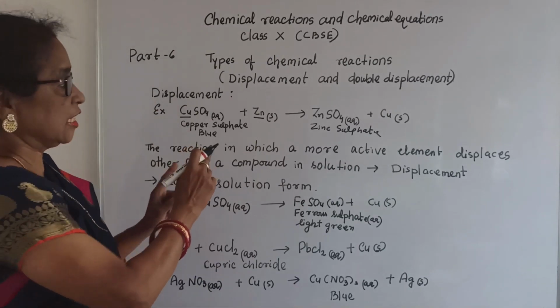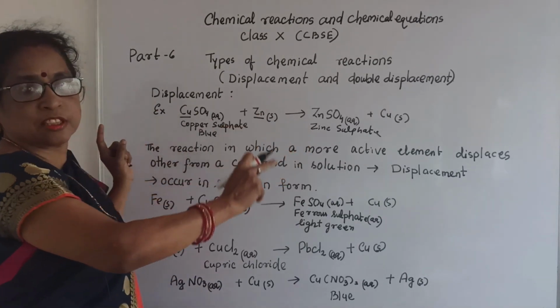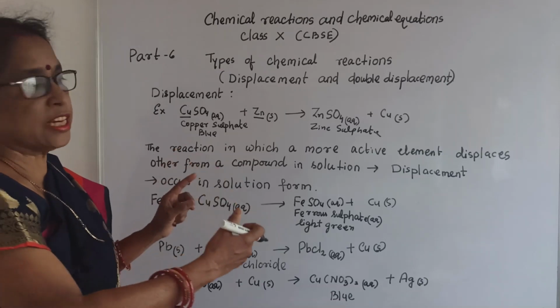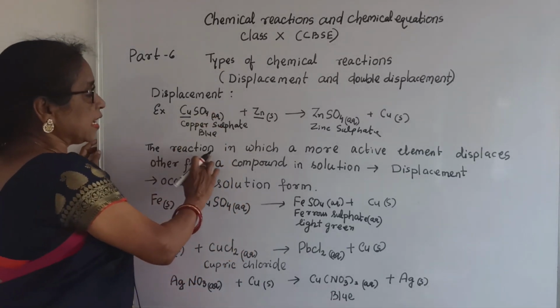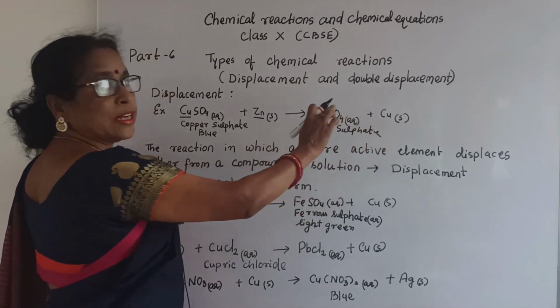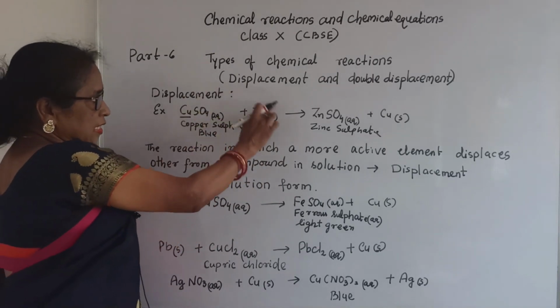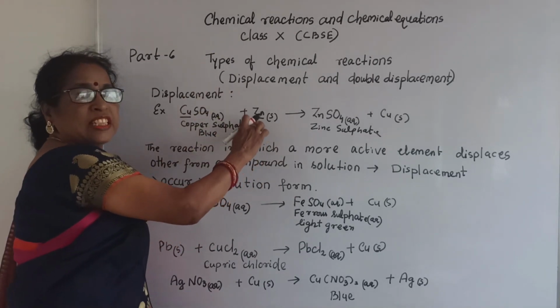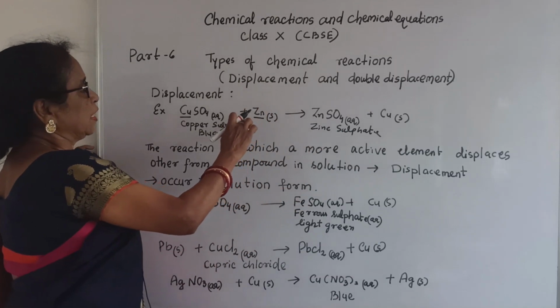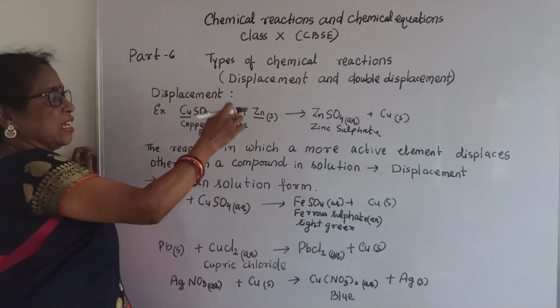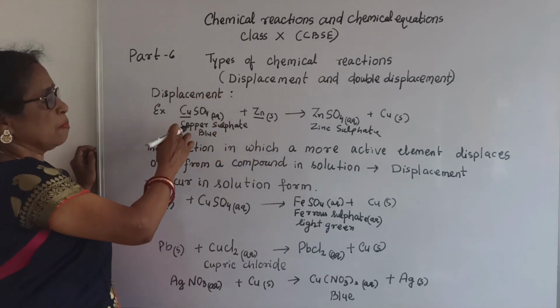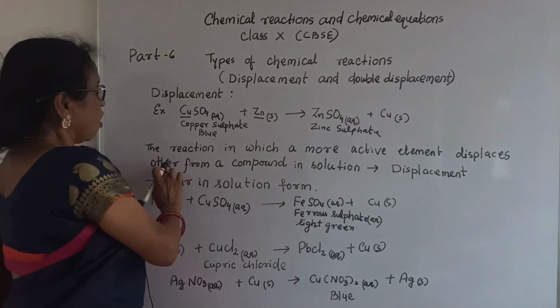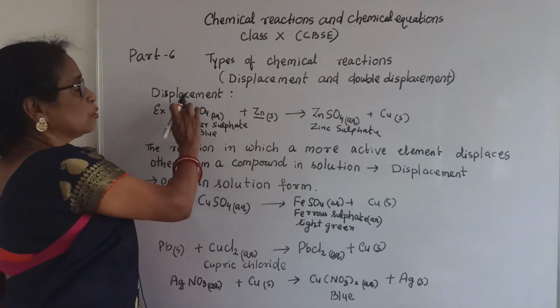This is one type of displacement reaction. How can you say it is a displacement reaction? The reaction in which a more active element, that means zinc is more active than copper, displaces the other from a compound solution.